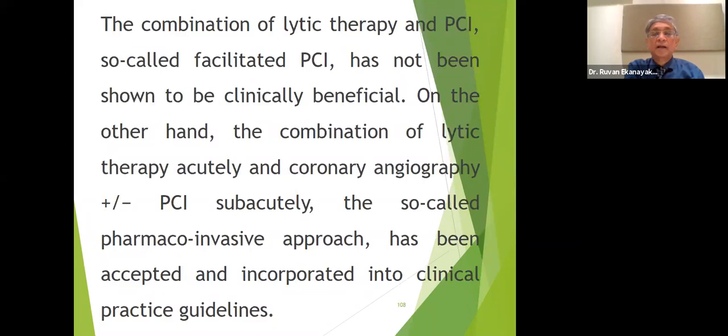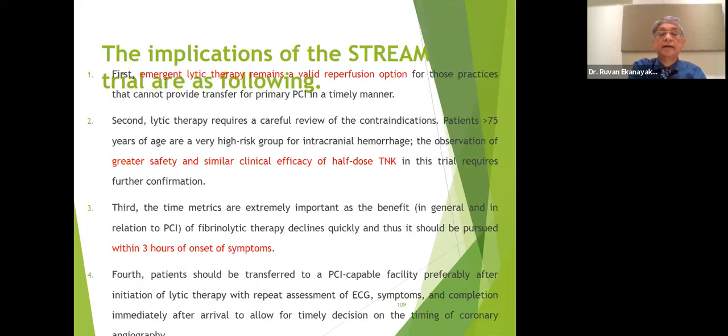Now, the combination of lytic therapy and PCI, the so-called facilitated PCI, has not been shown to be of clinical benefit. In facilitated PCI, the PCI is done immediately after thrombolysis, and this gives excessive bleeding. In the pharmacoinvasive strategy, you wait for 3 hours and you do it 3 hours later, but within 24 hours.